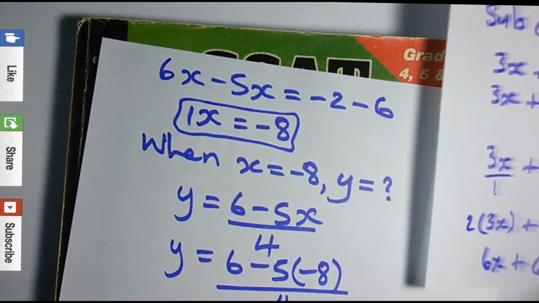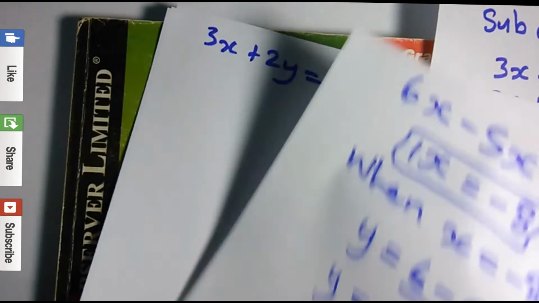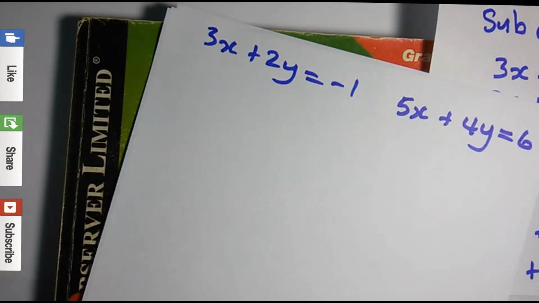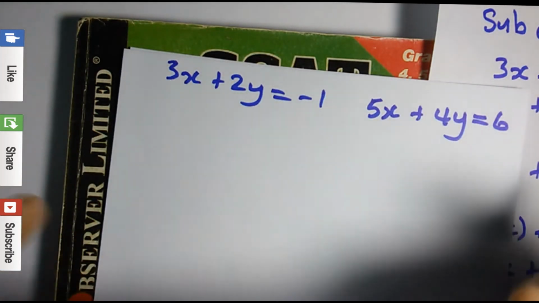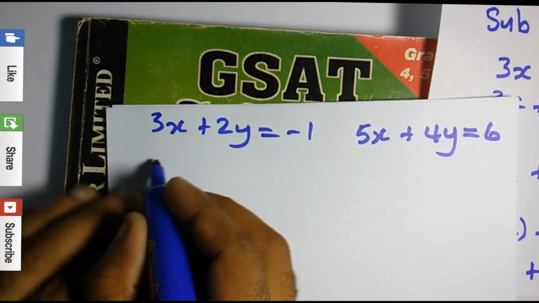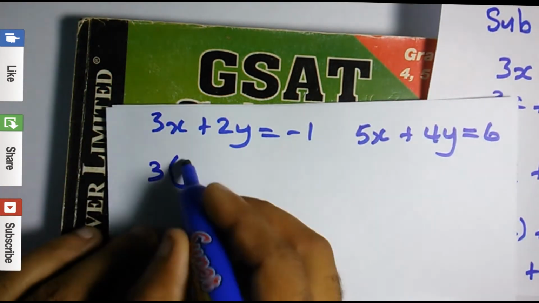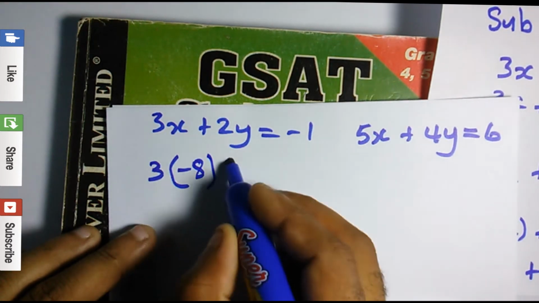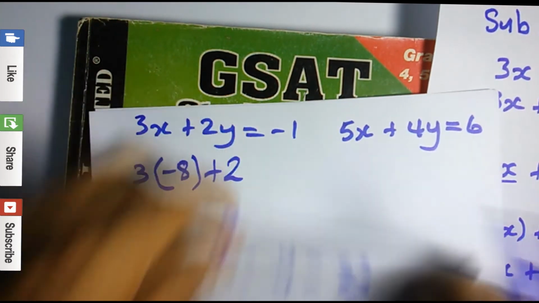I'm going to substitute our solutions into both equations to see if they are correct. This is just a checking procedure. I'm sure that my answers are correct, but I'm just showing you how you would check your answers in general or in the exams. So we have 3 times x. What was x again? x was negative 8. Plus 2 times y. What was y again? 23 over 2.